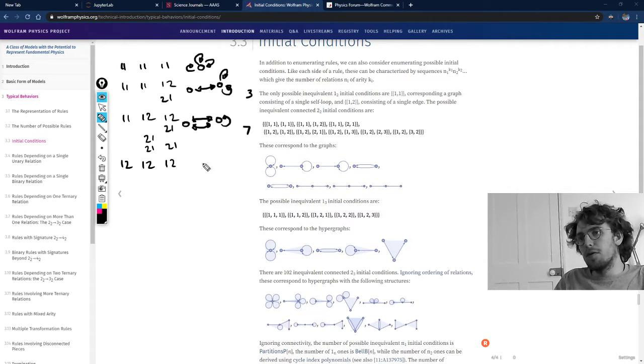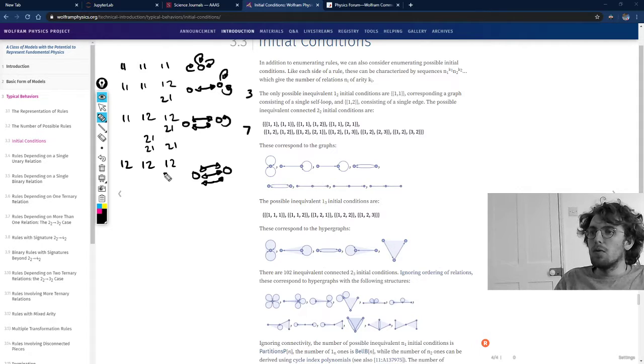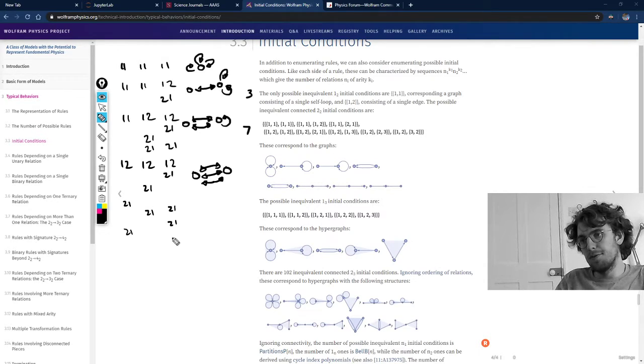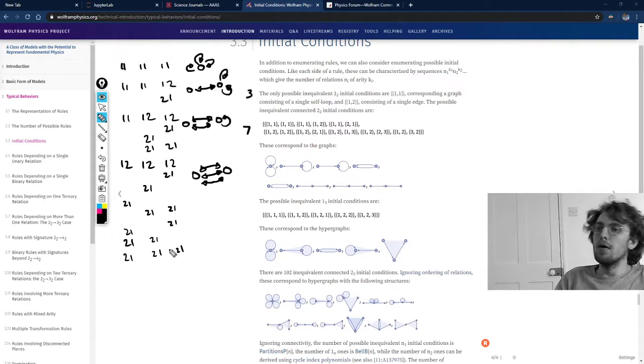Everything goes to everything. 2, 1, 2, 1, 2, 1, and all of them 2, 1. 1, 2, 3, 4, 5, 6, 7, 8.